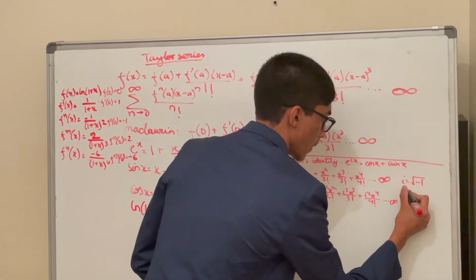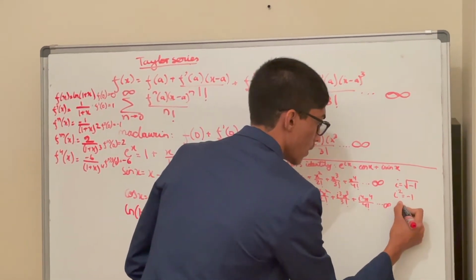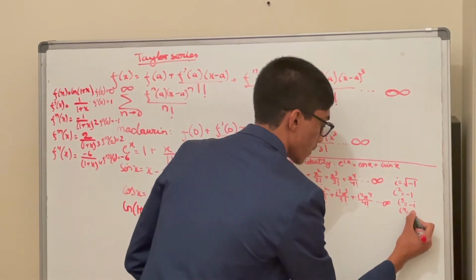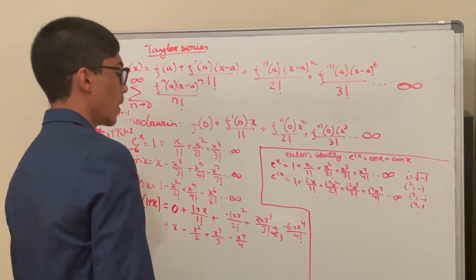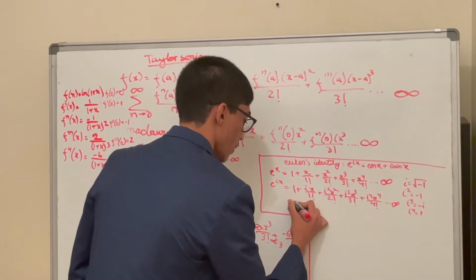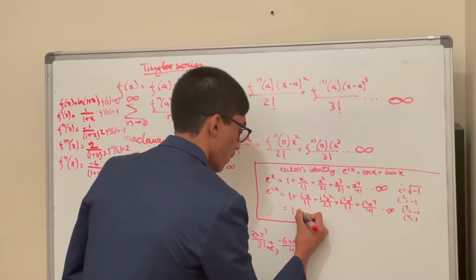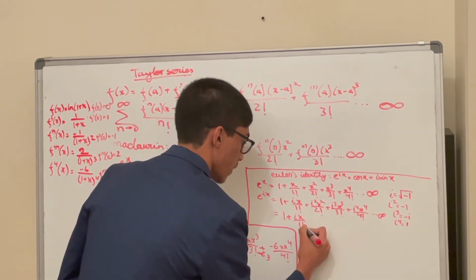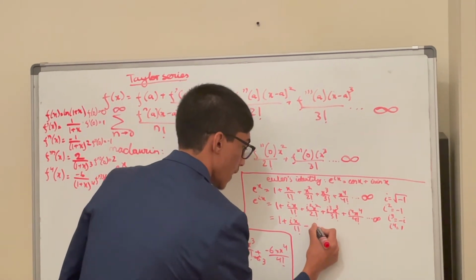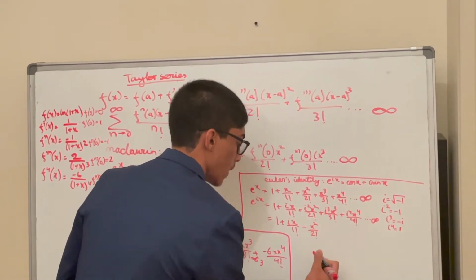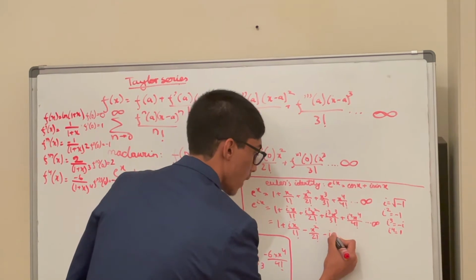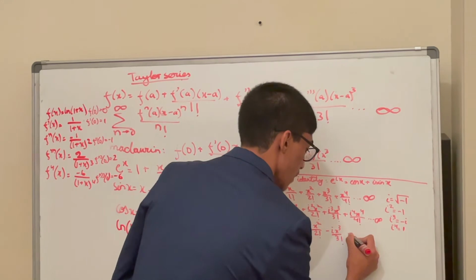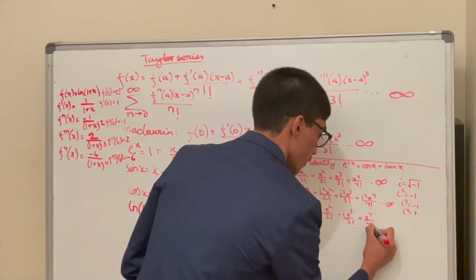So i squared is equal to minus 1, i cubed is equal to minus i, and i to the 4 is equal to 1. So we can simplify this to 1 stays the same, 1 plus ix over 1 factorial minus x squared over 2 factorial minus ix cubed over 3 factorial plus x to the 4 over 4 factorial.